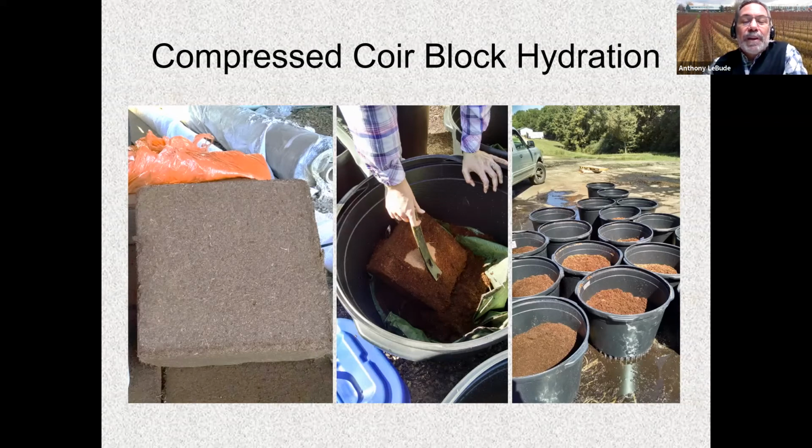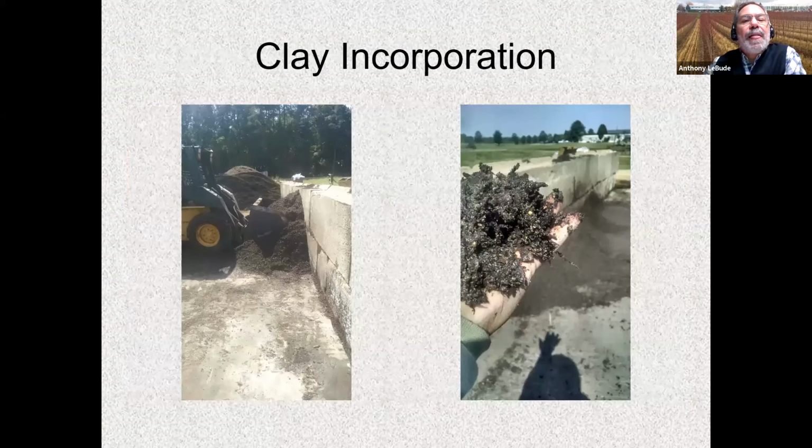But they're available already slightly hydrated from various production suppliers now. So you can get the dry brick and do it yourself, or you can get an entire bag of it already fluffed. The clay, we added the clay, and you can see the little white particles on the right in the substrate. Those little teeny white particles will be the clay particles that we added.